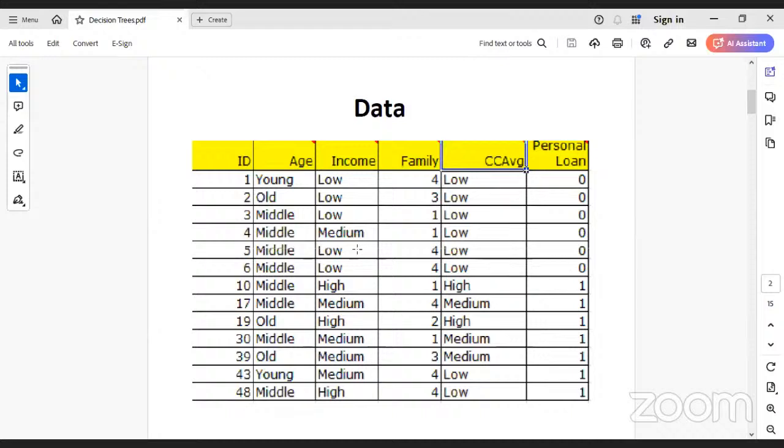Income has low, medium, high. Family has four levels, classes, or categories. Credit card average has low, medium, high. And personal loan has only two categories, 0 and 1. 0 represents no, and 1 represents yes.